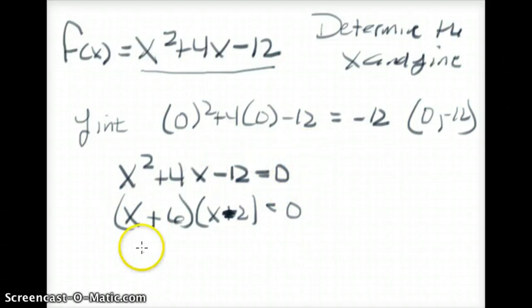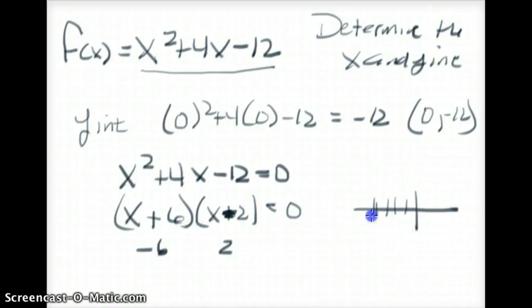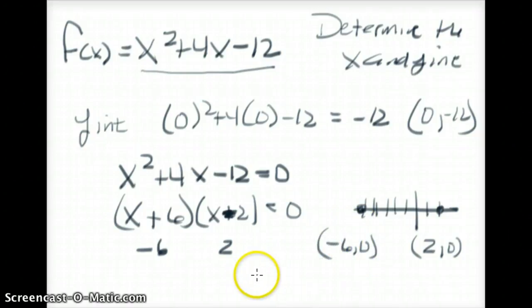All right, so what does this tell us? Negative 6 is one answer and 2 is another answer. Those would be the places on the x-axis, negative 6, where the graph would cross, 2, where the graph would cross. Now, what would be the actual location? 2, comma 0 and negative 6, comma 0, because the y's are 0. That's the x-intercept, okay? Let's look at another problem.